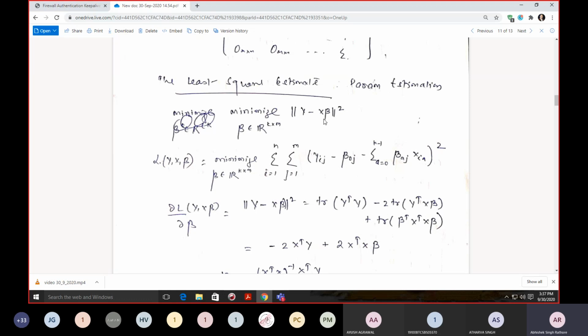Here we have opened the whole square of a minus b, and instead of having a full matrix, we are going for the trace over here.